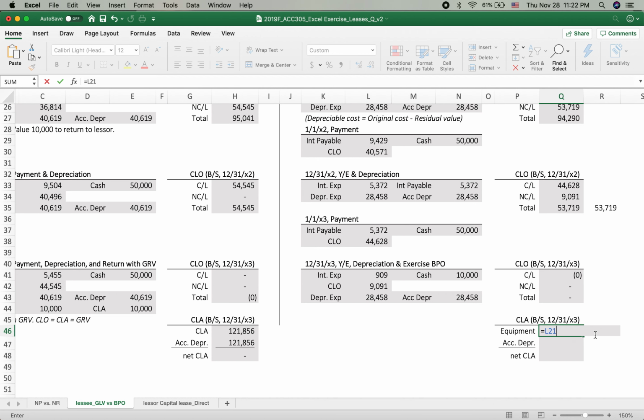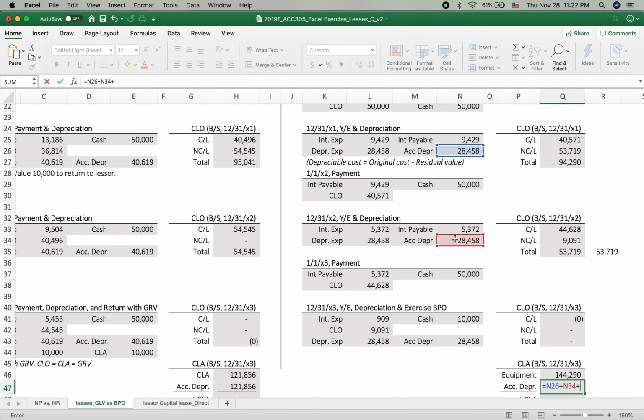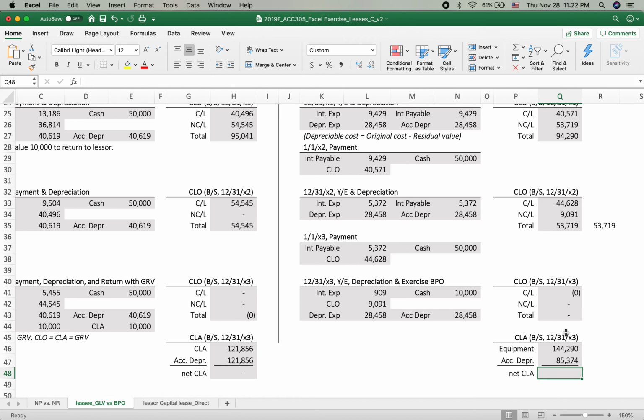The original cost of equipment we cannot reduce with accumulated depreciation. I'm so sorry. The accumulated depreciation is the contra account that reduces the value, the net of this equipment, right? So the equipment minus accumulated depreciation. So 58,916 is the net equipment, the net capital lease asset amount.